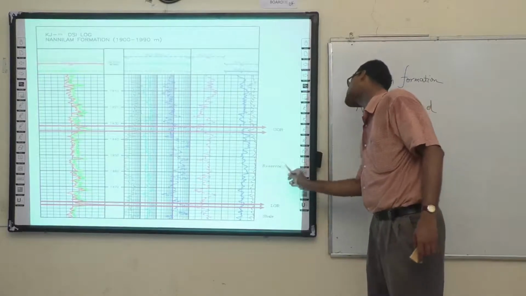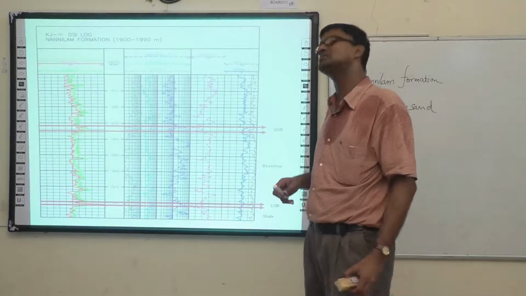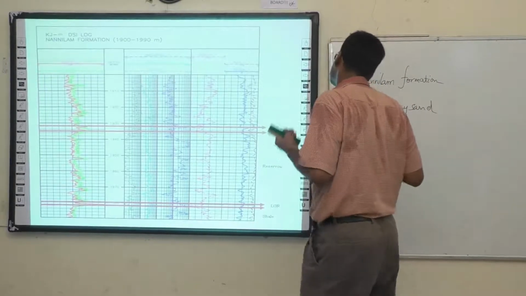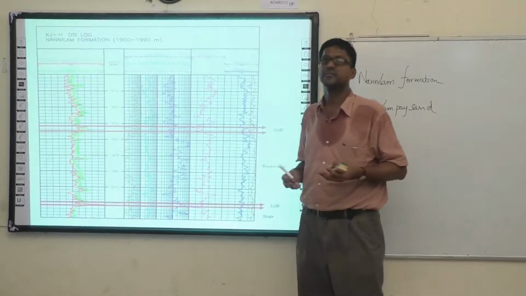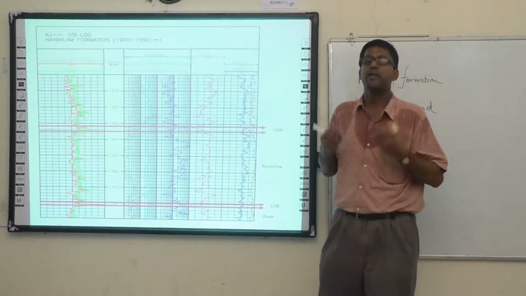Now, why are we concentrating so much on the reservoir? Because hydrocarbons are present only in the reservoir, since reservoirs are porous and permeable.